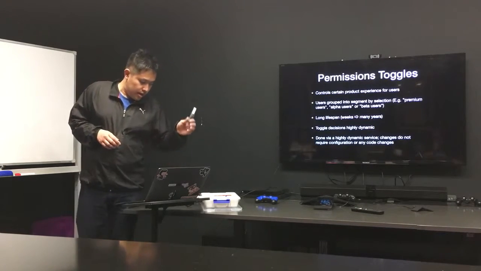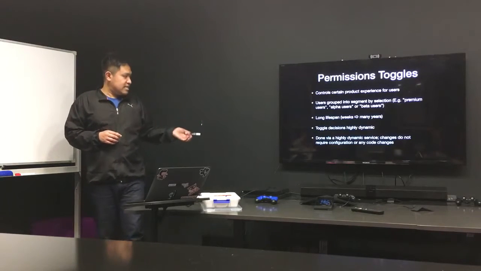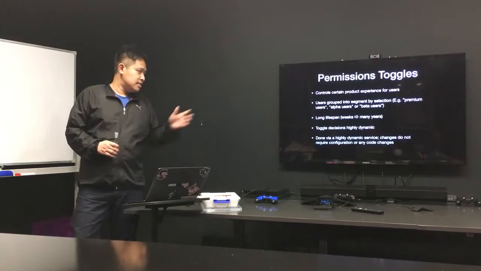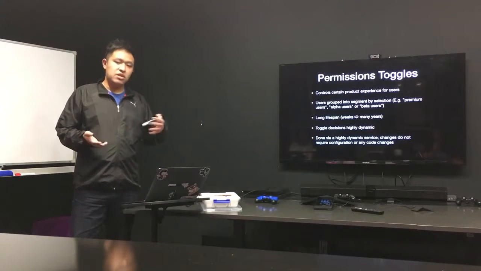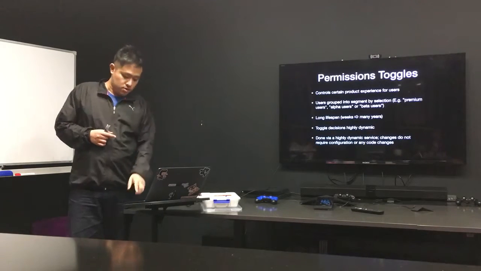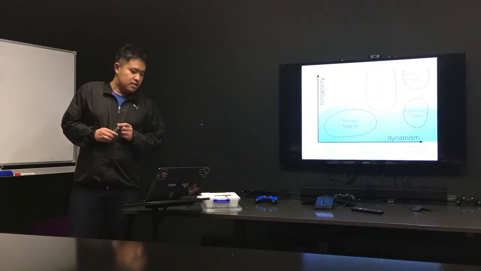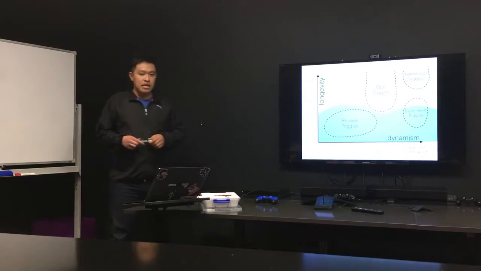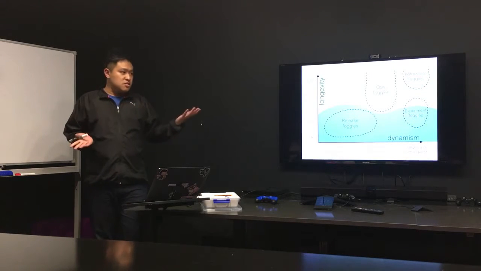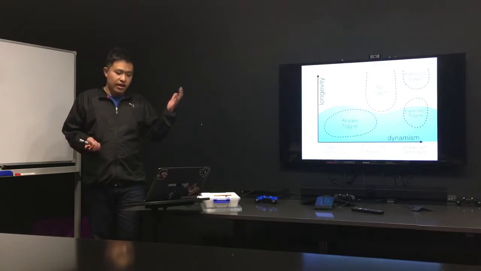All right? And toggle decisions are also highly dynamic, and it's done via a highly dynamic service, and can be used with things like feature switching services like Split IO and LaunchDarkly. So to summarize, this is a diagram that nicely summarizes the 2 dimensions, which is longevity and dynamism.